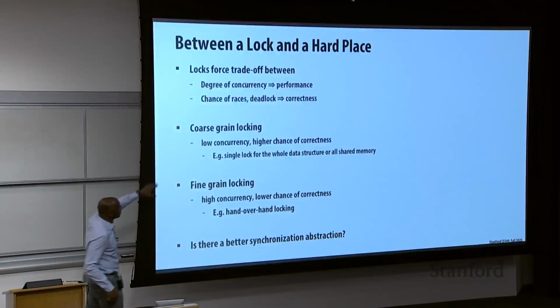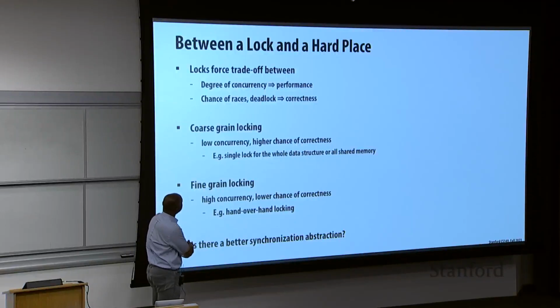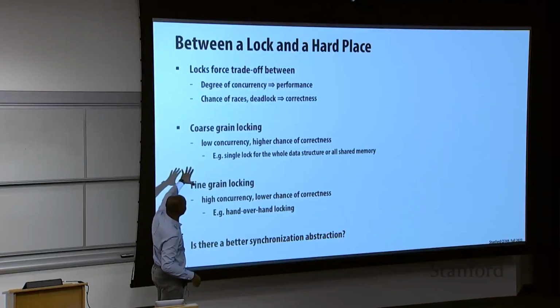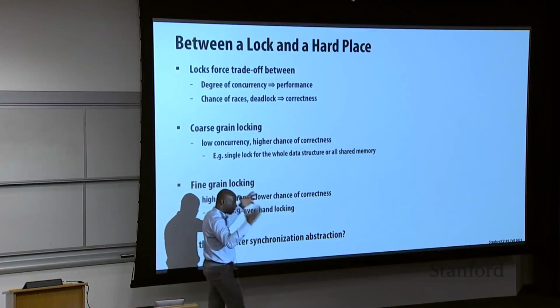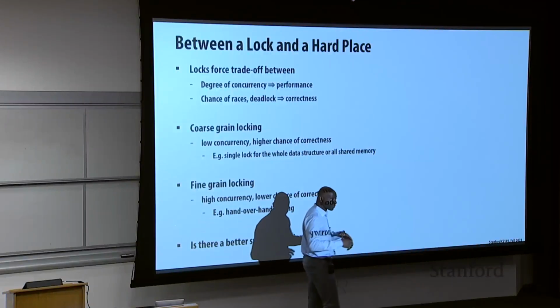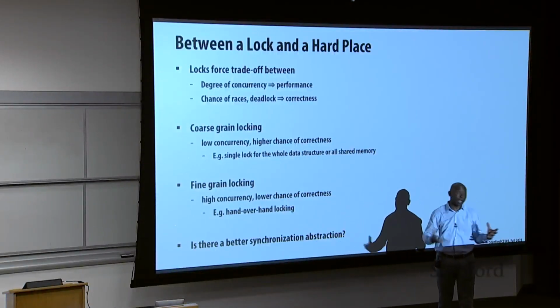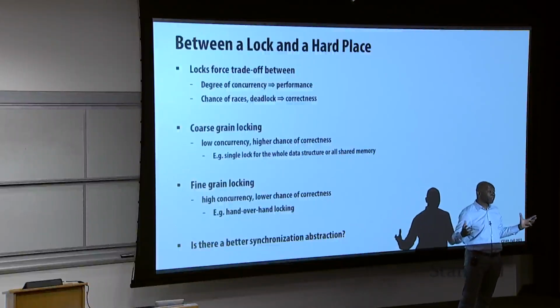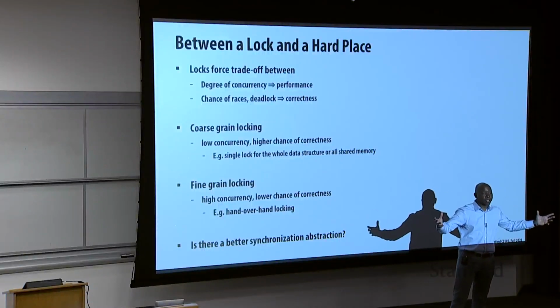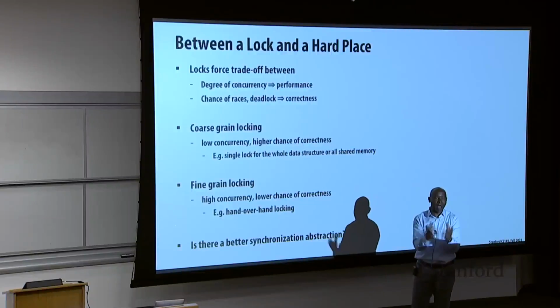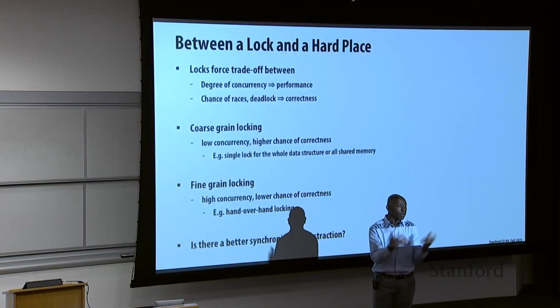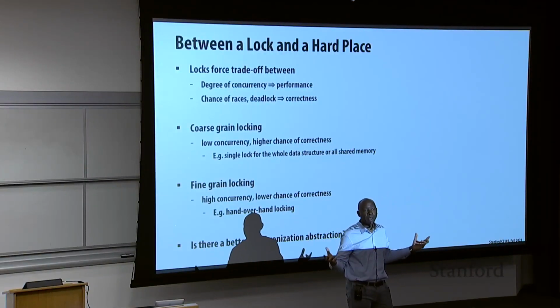So if you do it at a coarse grain, then you get a low degree of concurrency, right? So you imagine, when we're talking about locking data structures, you can have a lock around the whole data structure, right? Or even worse, you can imagine that I have a lock on all of shared memory. So every time I touch shared memory, I have to grab a lock, and that means that only one thread can be touching shared memory at any one time.